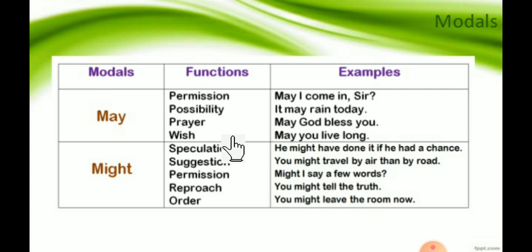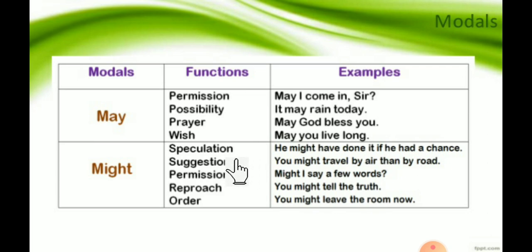Got it? Now, might modal verb. So might modal verb is used for speculation, for suggestion, for permission, for reproach, and for order. Now, speculation means what? Speculation means like an act.